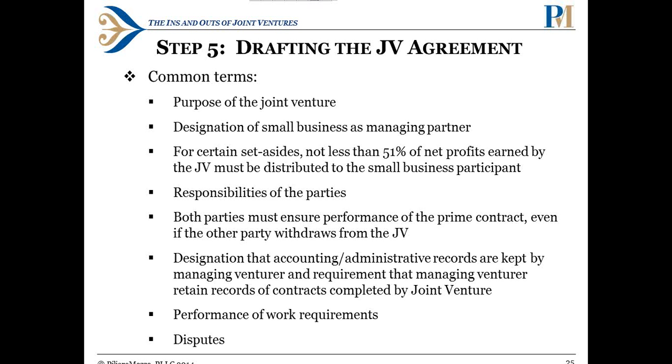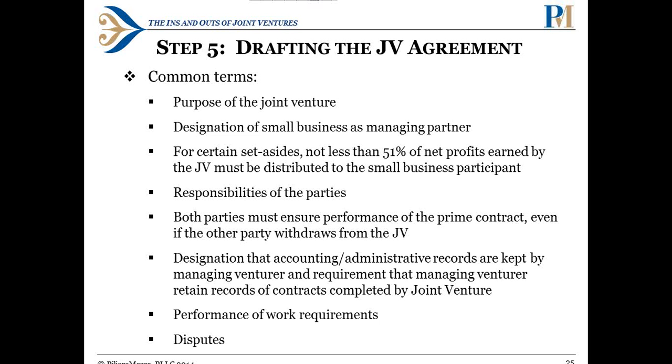You do want to define the responsibilities of the partners. One of you may be responsible for contract negotiation, one of you may be responsible for a particular subcontractor on the team, or the joint venture itself could hold those subcontracts. But the more that you know when this agreement is drafted, the more you probably should include in it. Both parties must ensure performance of the prime contract.